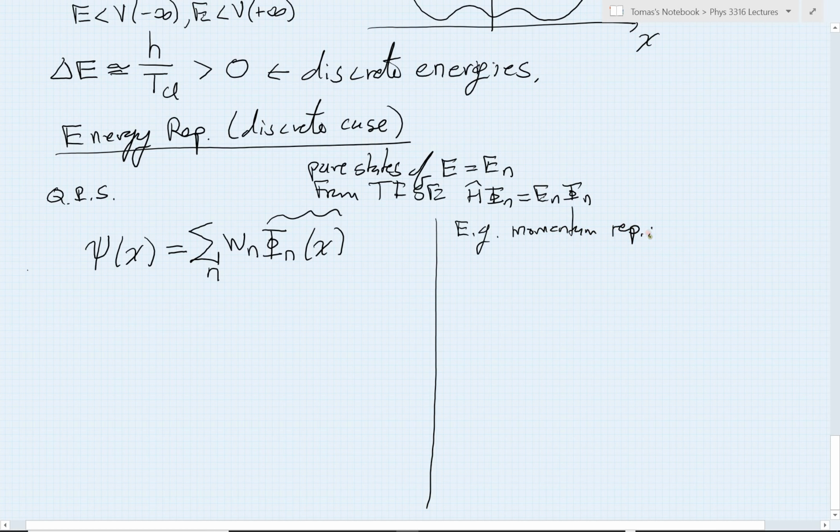Representation. And for momentum representation, it's a very similar statement, except of course now it's a continuum. So there we had an integral over all wave vectors k of some weights, and we called those weights psi tilde of k. And then that multiplied my pure states of momentum, which were properly normalized, e to the ikx over the square root of 2 pi.